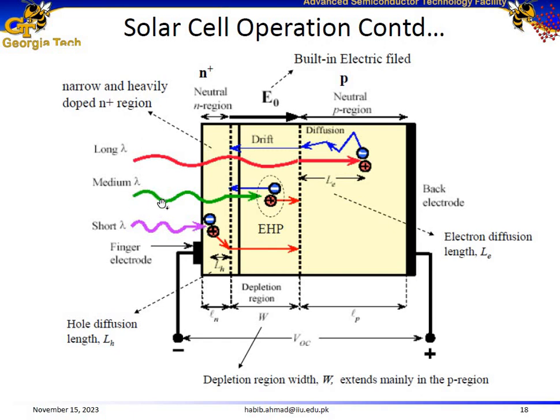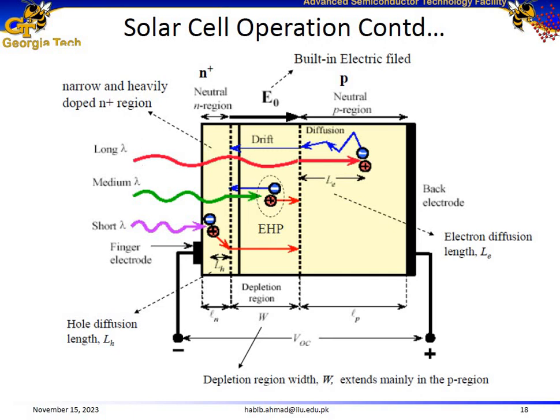Then assume another photon which has a medium wavelength, for example green light, where the wavelength range is 520-ish to approximately 580 nanometers. And assume a longer wavelength light, red light, where the wavelength range of red light is from 620 to 750 nanometers.